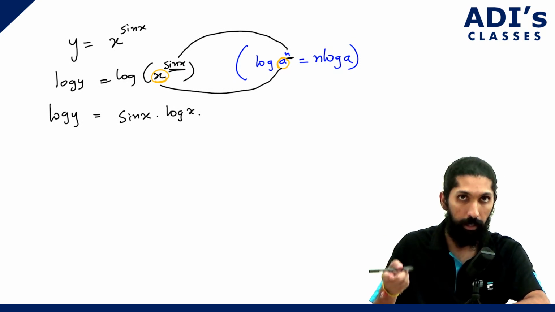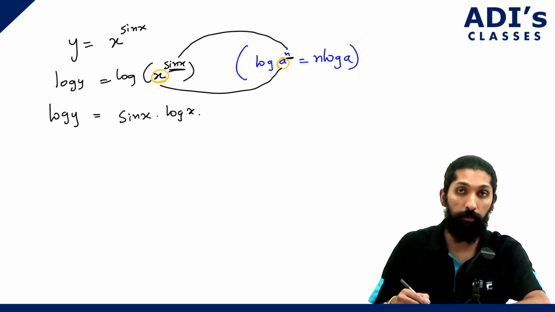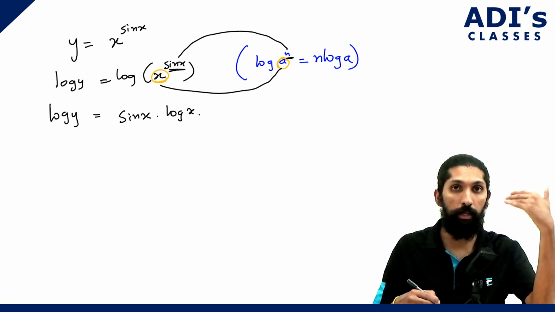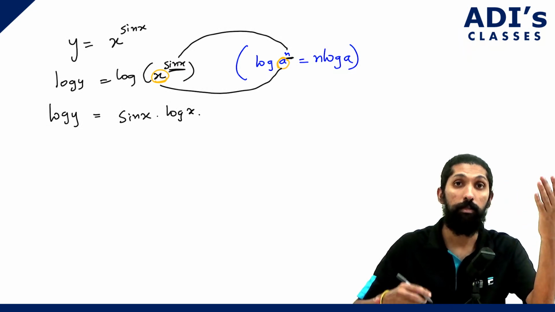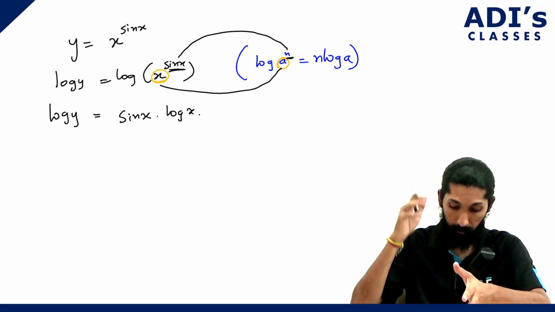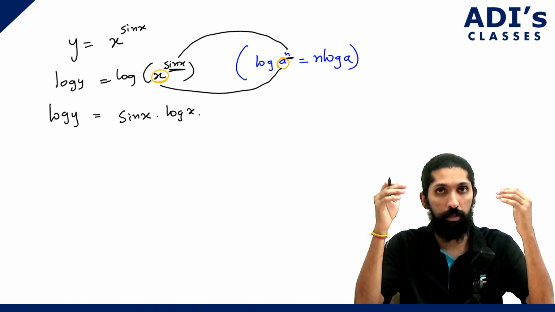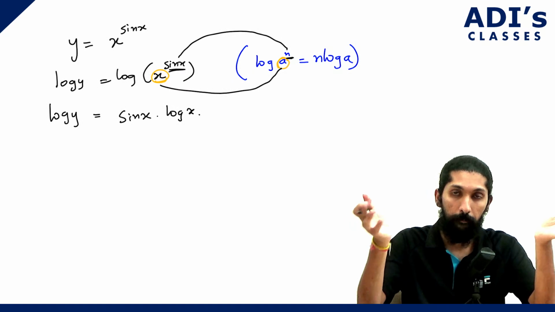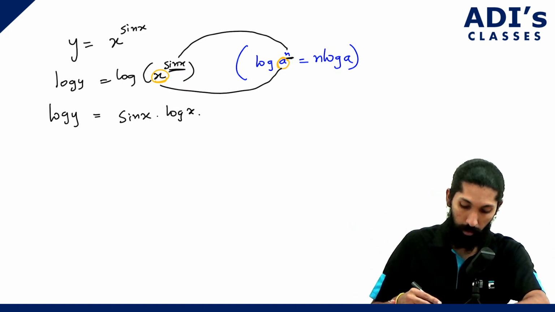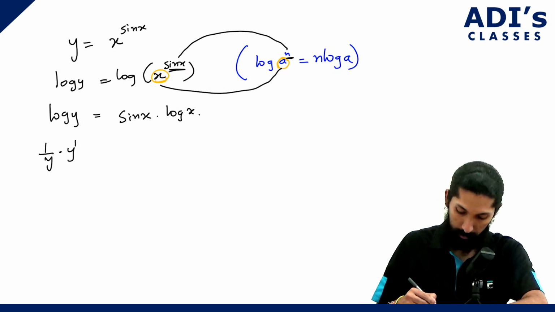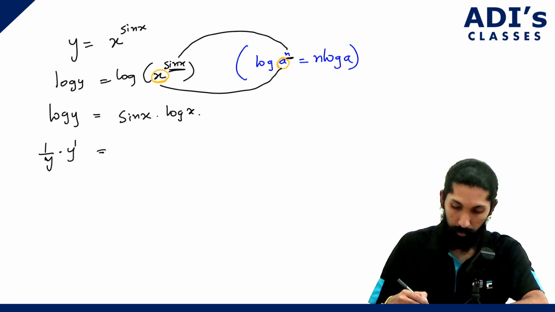Now differentiate. The derivative is very simple, because the LHS is very easy. Only concentrate on the RHS, which is just the product rule and the chain rule. Log y differentiates to 1 by y into y dash, so dy by dx is equal to the RHS.